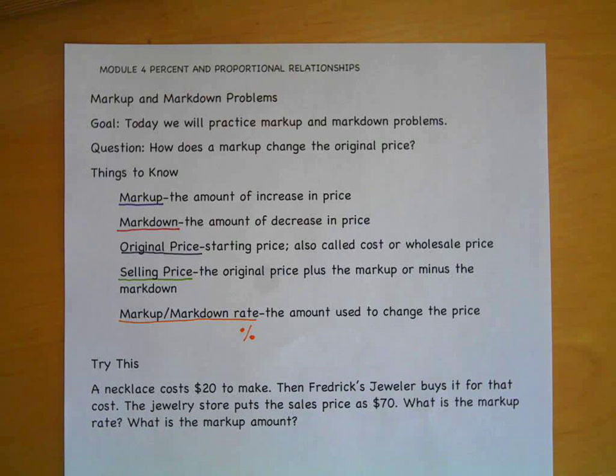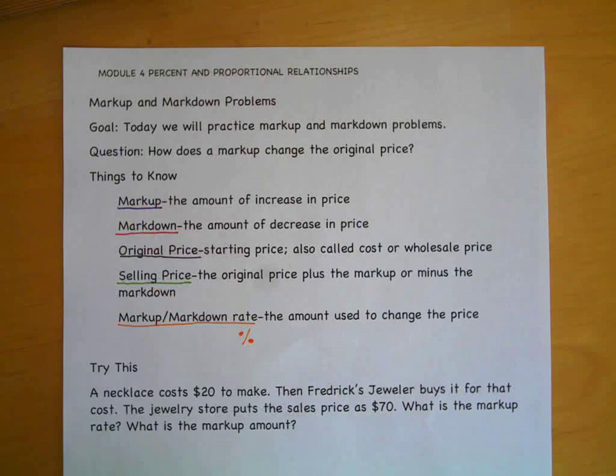So the store buys the product for what it costs. Then it brings it to its own building and multiplies the original price by a certain percent. From that percent, they get the amount that they want to mark up, and they add that to the cost of the item, and that's what they sell it to you for.